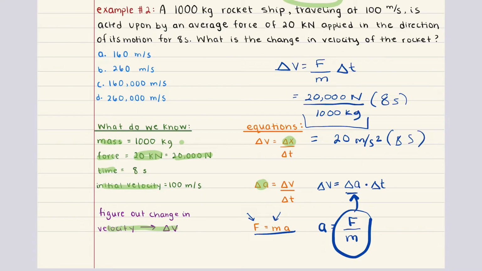So what we have here is 20 meters per second squared multiplied by 8 seconds. 20 times 8 is 160, and then these seconds cancel out, so our units are meters per second. Our change in velocity is going to be 160 meters per second, and that's going to be answer choice A.